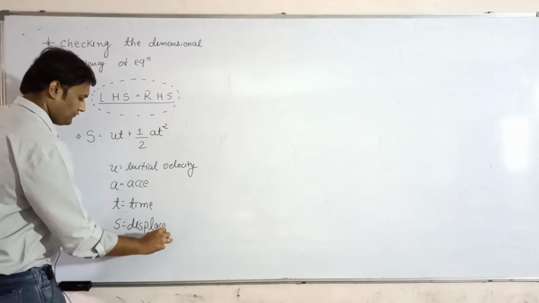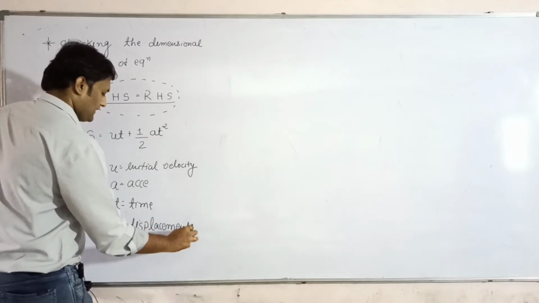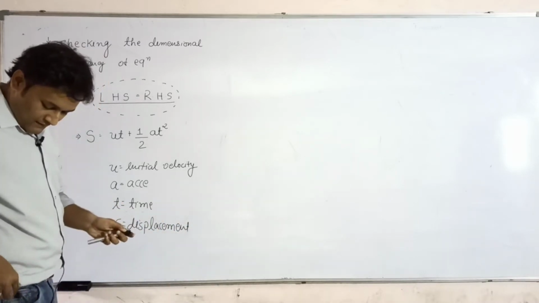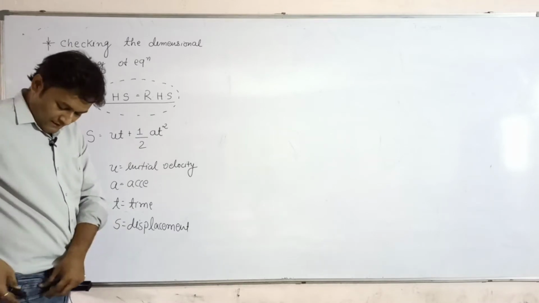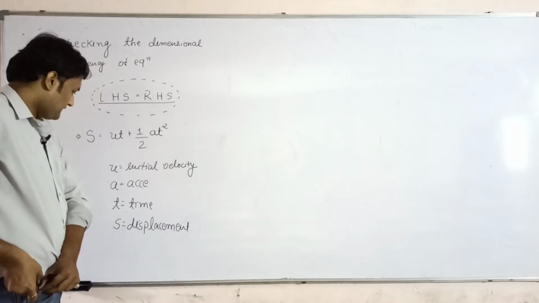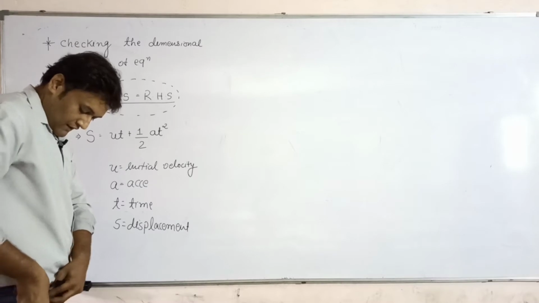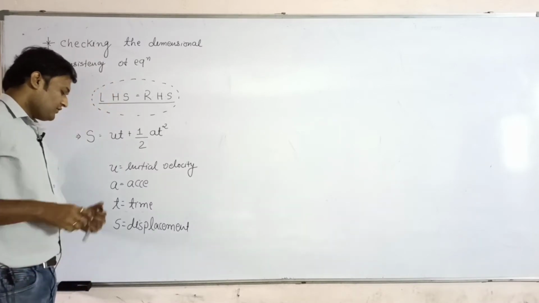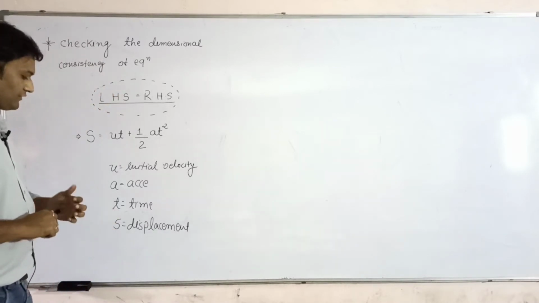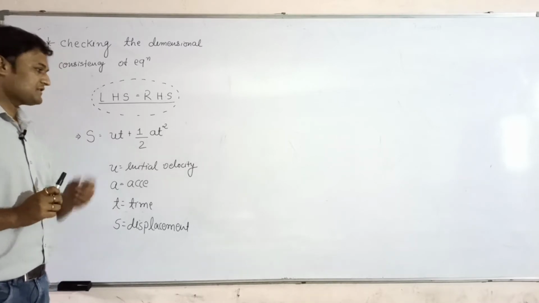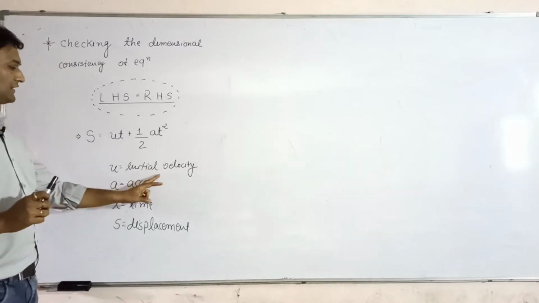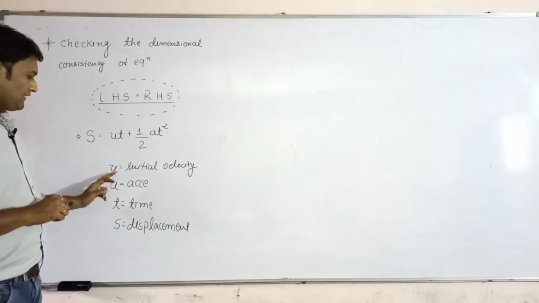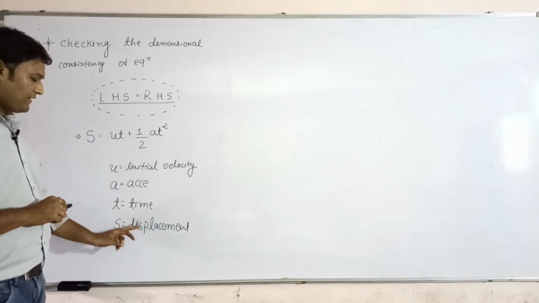Okay, these are the physical quantities given. Once again, u is initial velocity, a is acceleration, t is time and s is displacement. We know the dimensional formula of velocity, acceleration, time and displacement.